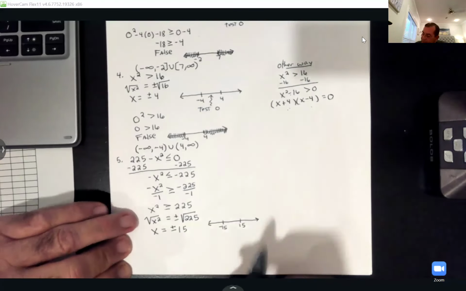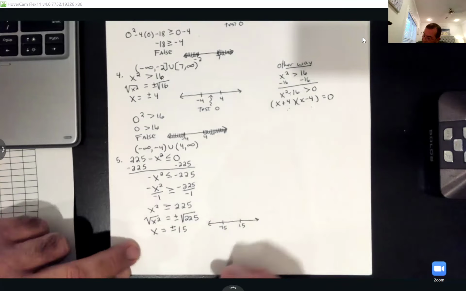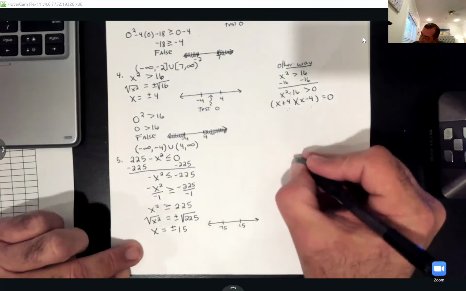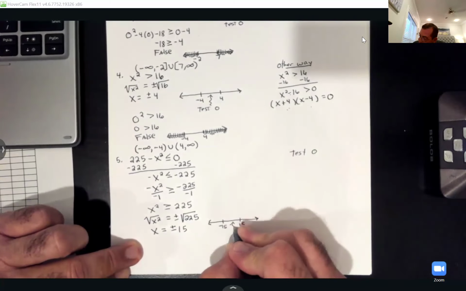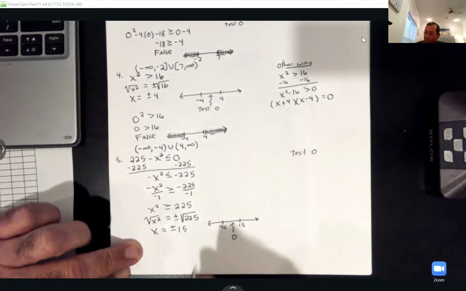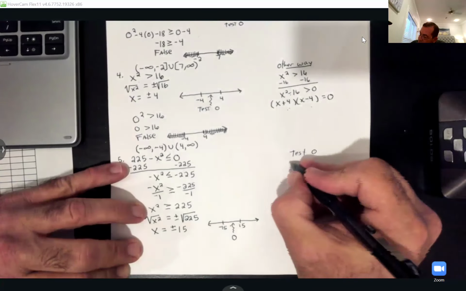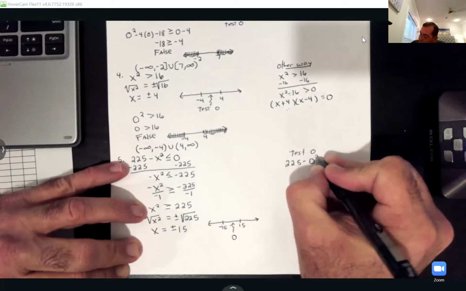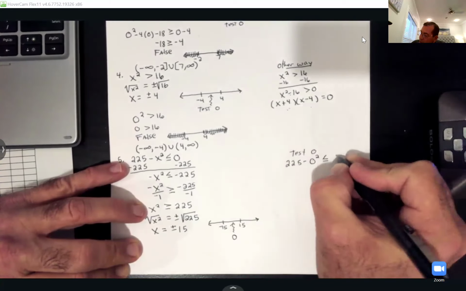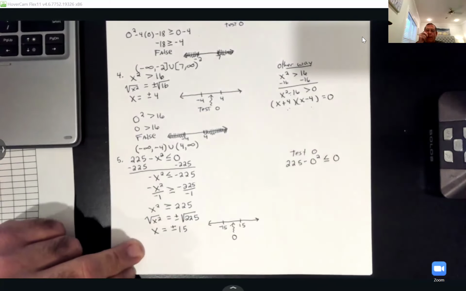So now I'm going to test my 0. So let me go over here. So I'm going to test 0, since that 0 is in between those. So I'm going to do this. 225 minus 0 squared is less than or equal to 0.